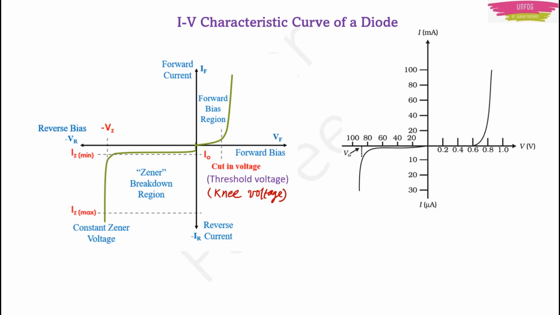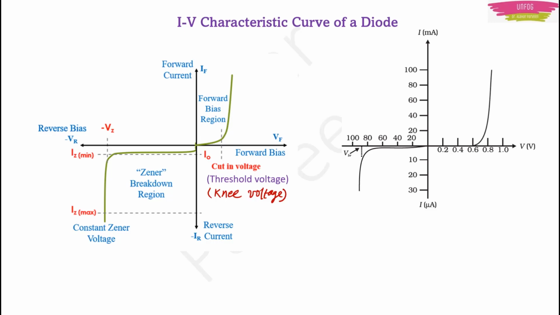Now coming to reverse bias, when you connect the PN junction diode in the opposite manner, what will happen? Here the current will be reversed because you are connected in reverse bias, right? Usually this current is known as saturation current. Why is it known as saturation current? Because it does not change with change in voltage.